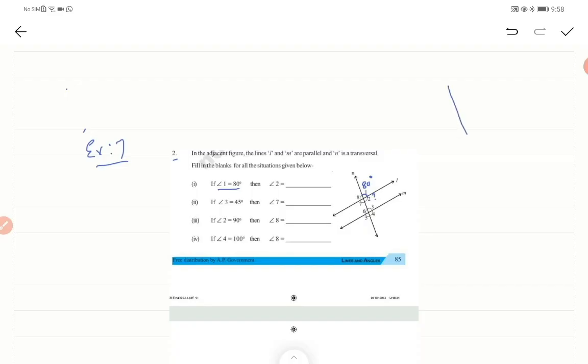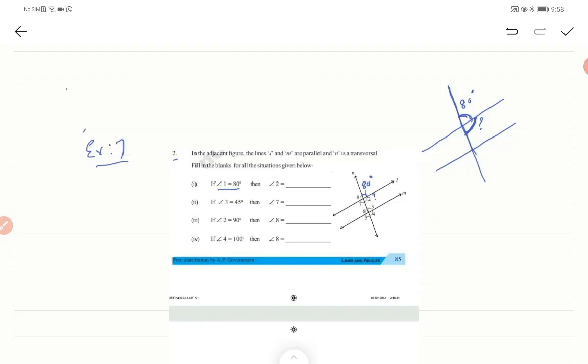So you have a transversal and 2 lines cutting. This angle is 80 degrees, and they're asking us to find this angle, that is angle 2. This is a transversal, and for parallel lines these angles become supplementary.